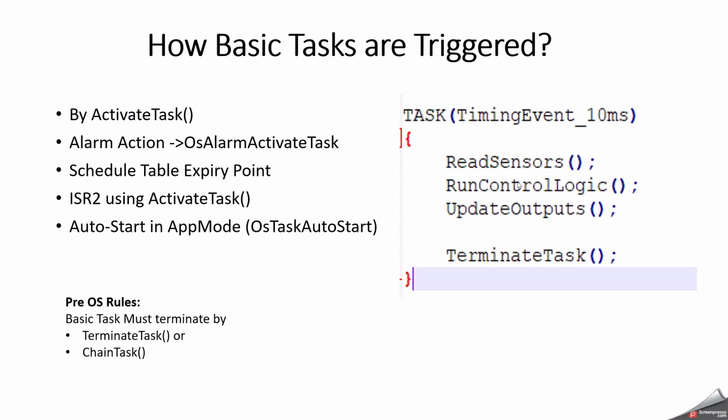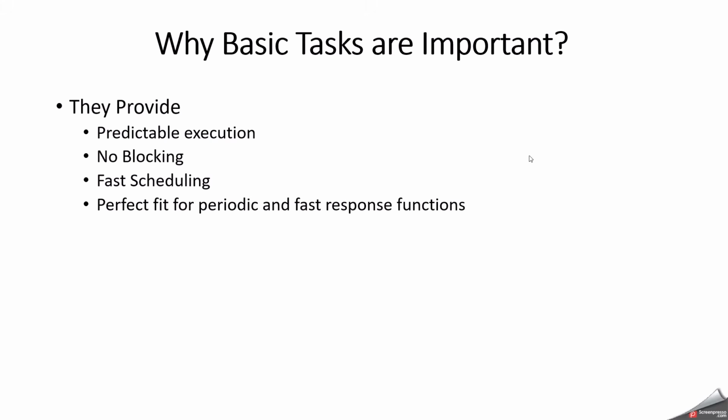Then in that one, automatically these three functions will get called. A very important thing you have to note here is every basic task should be terminated. So here I have used the API called terminate task. The rule is that a basic task must be terminated by a terminate task or chain task API call.